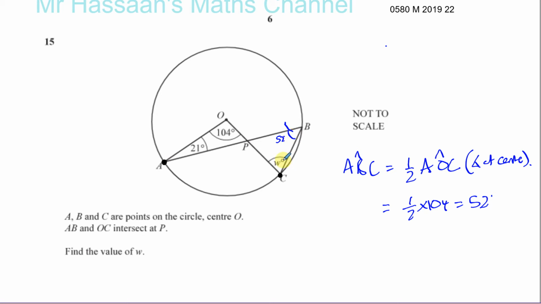Now to find W, what comes to my mind is we could find what this angle is.